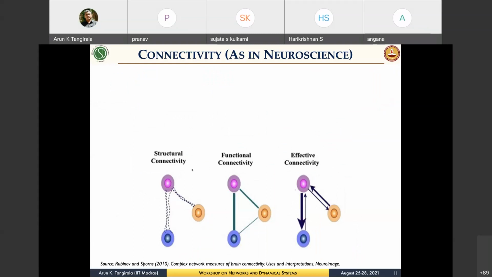They're not relying on any data. Then comes functional connectivity, which makes use of the data, but it doesn't give you the directionality. And then comes the effective connectivity, which gives you the directionality as perhaps and as a weight as well.